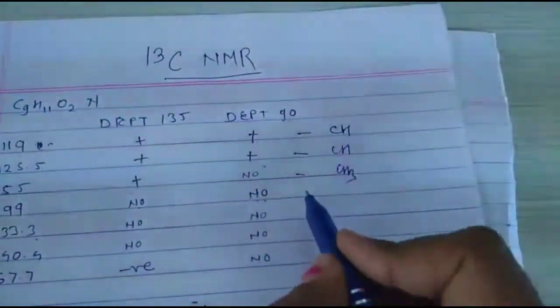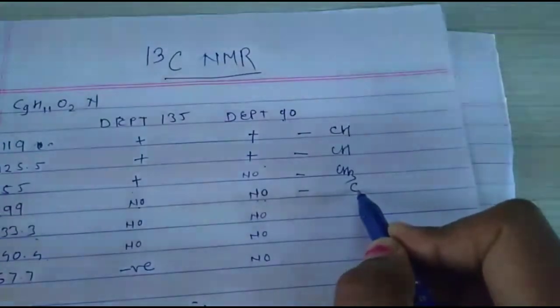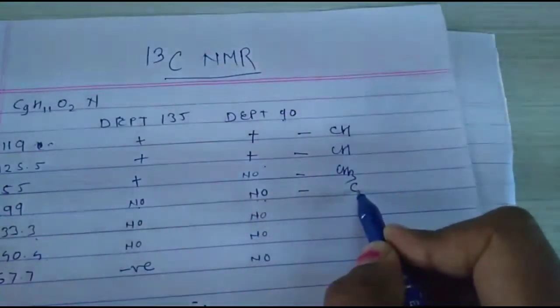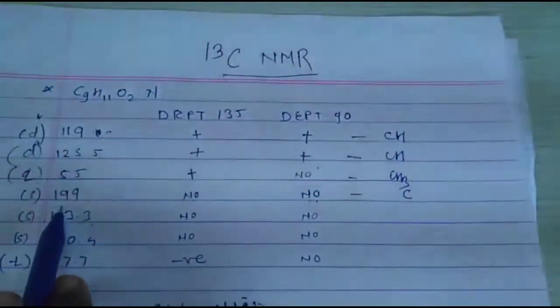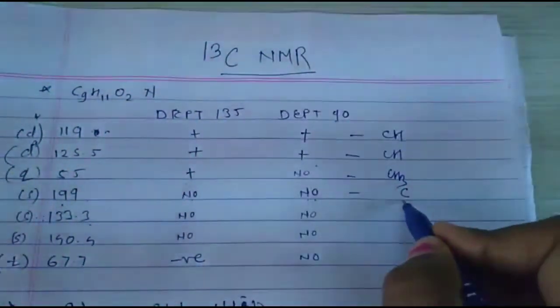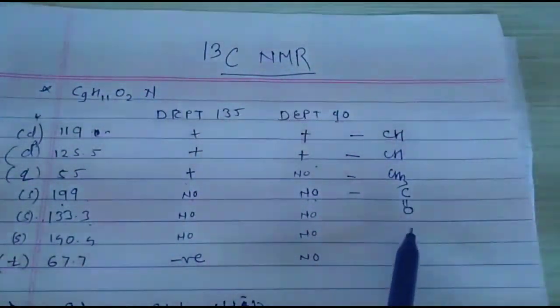That means this must be a quaternary carbon, because a quaternary carbon does not give any signal in DEPT 135 or DEPT 90. And because 199 is a maximum value, this is a carbonyl, or carbonyl of ester.